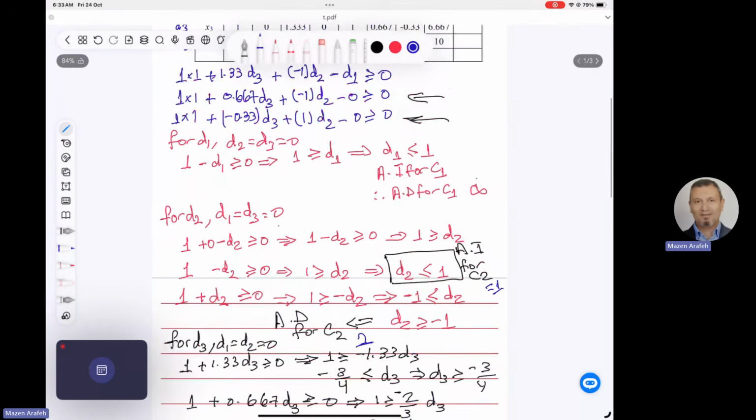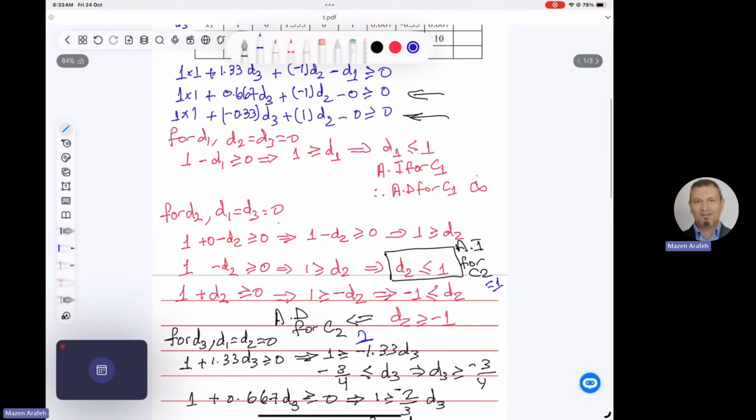And again, the allowable increase for C1 is equal to 1 from this equation here. And since we did not have any information about a lower bound for D1, therefore the allowable decrease for C1 is equal to infinity. Okay.